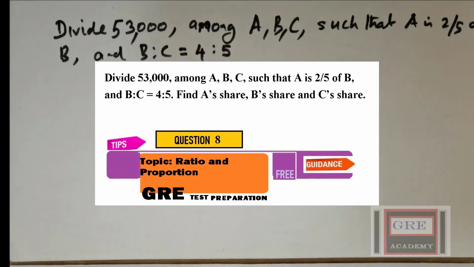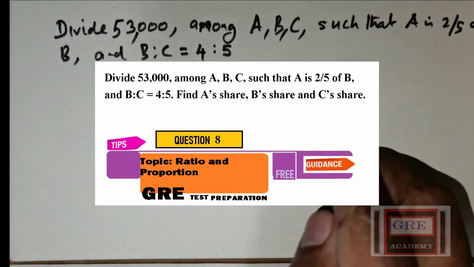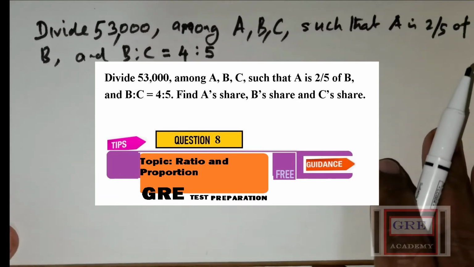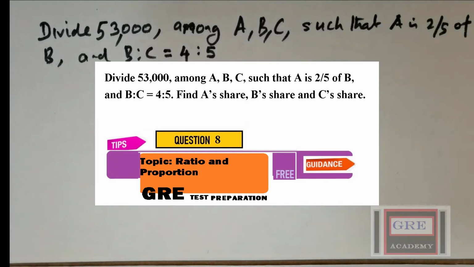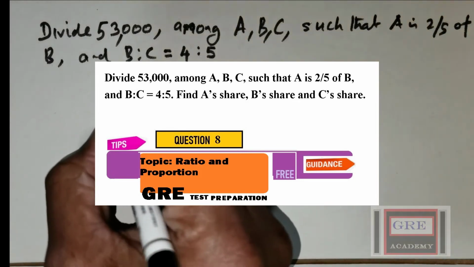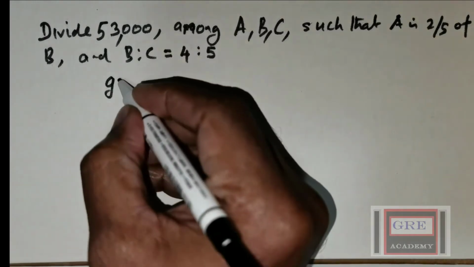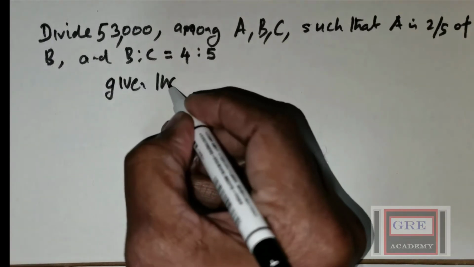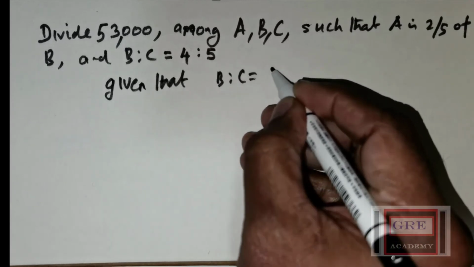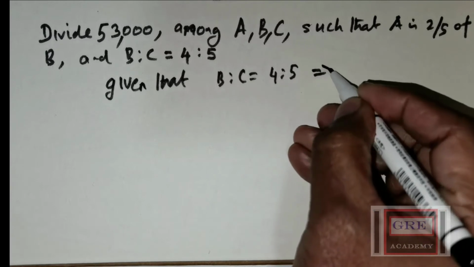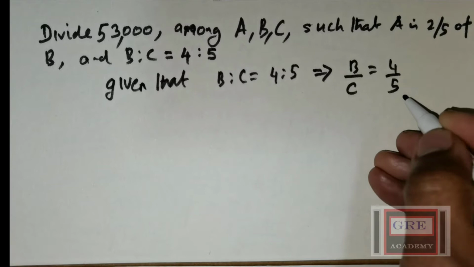Students were given this question: divide 53,000 among A, B, C such that A is 2/5 of B and B is to C is 4:5. Now we would start off by mentioning the ratio of B is to C. So given that B is to C is 4:5, this would mean that B divided by C is 4/5.